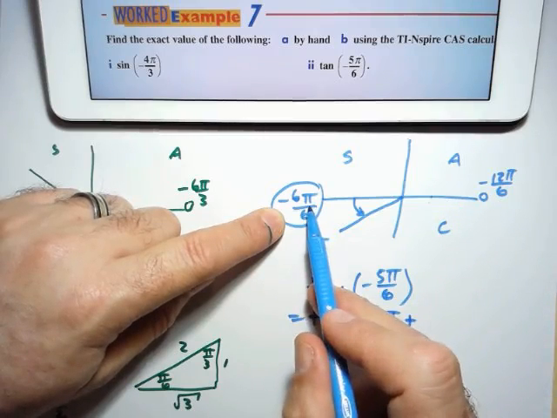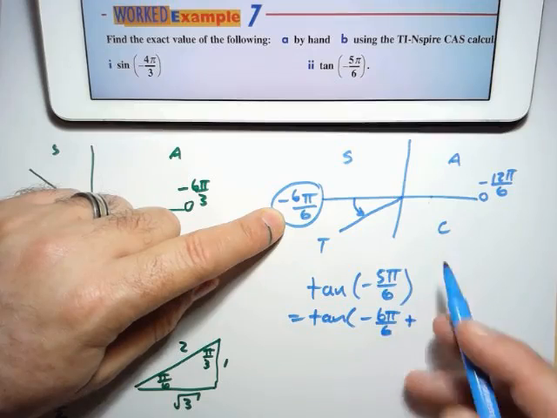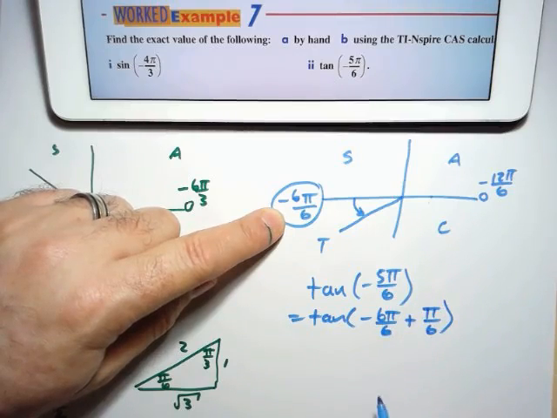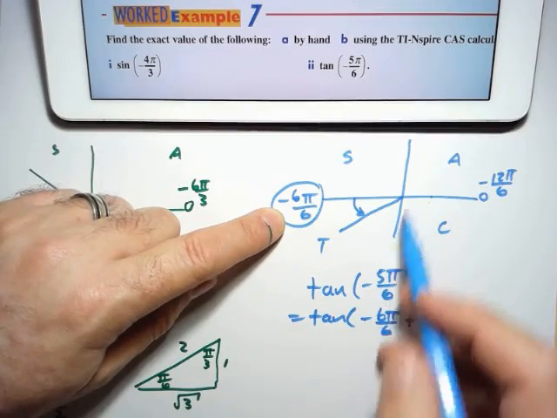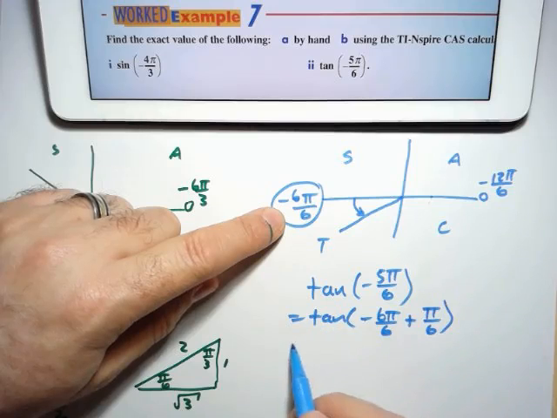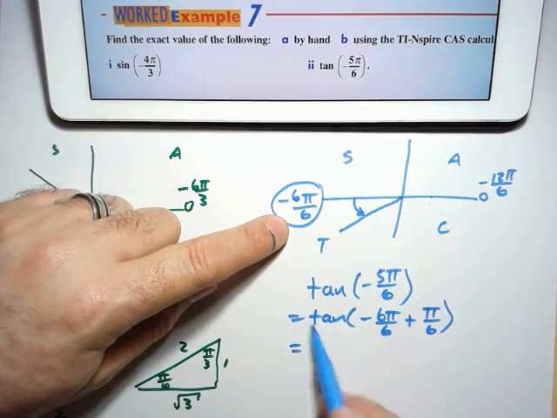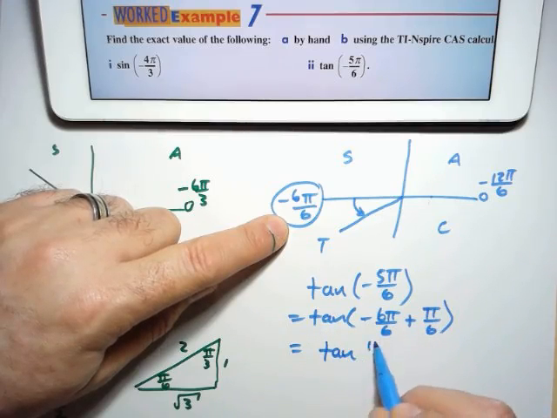Well, to get from minus 6 pi over 6 to minus 5 pi over 6, I had to add 1 pi over 6. And again, it's not these signs that make a difference. These signs just tell us where we're at. Now, I'm in my third quadrant. In my third quadrant, tan is positive, so it will be just tan of my reference angle, pi over 6.